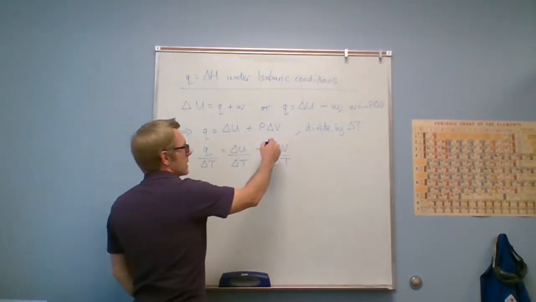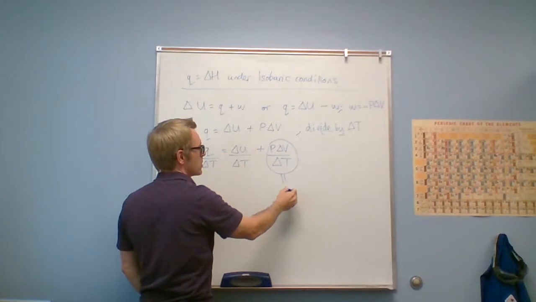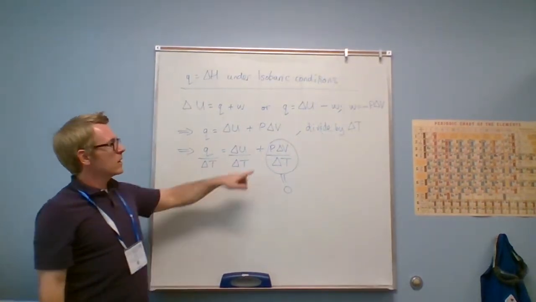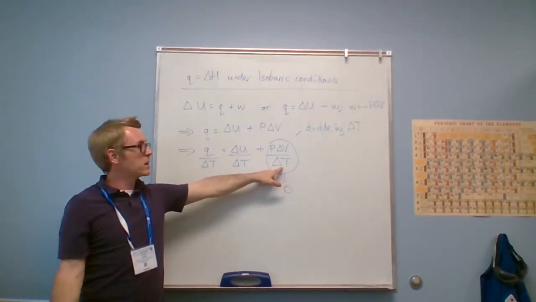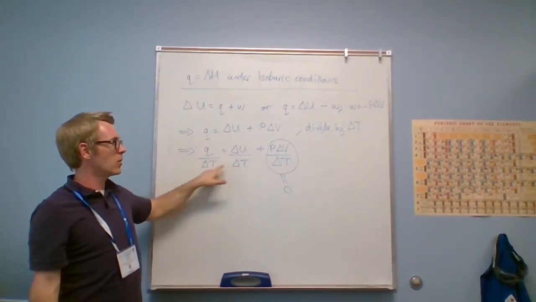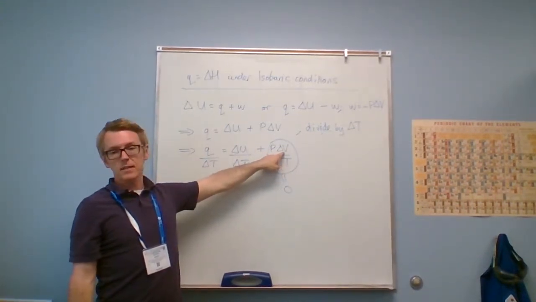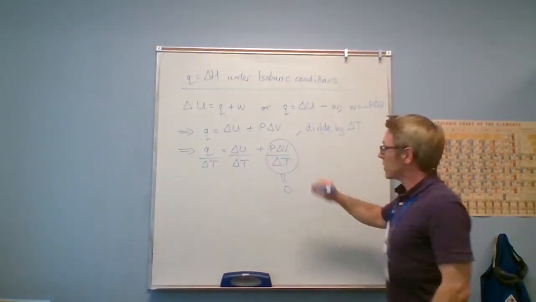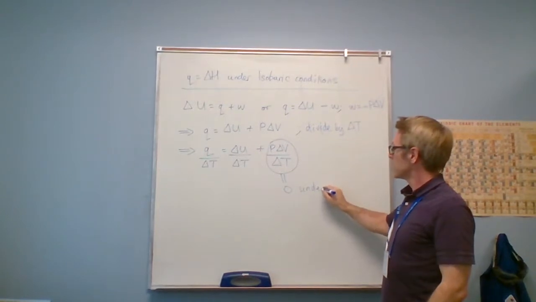I'm interested in making this term disappear, so I would like this to equal 0. How do I do that? Well, I could make delta T equal 0, but that won't be good because that will make these 0 also. So it makes more sense to make delta V equal 0.